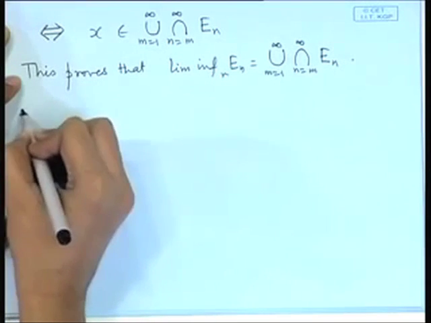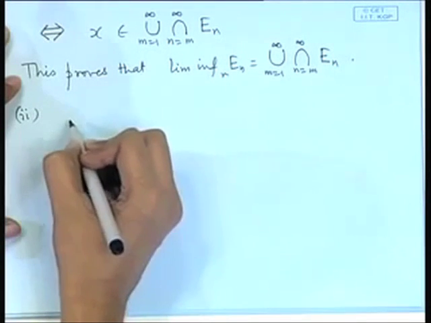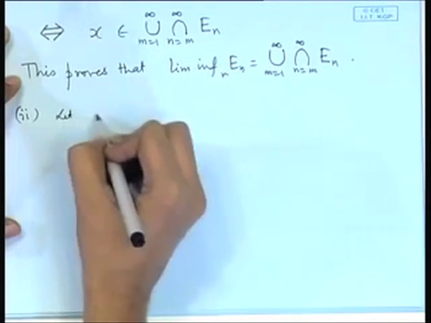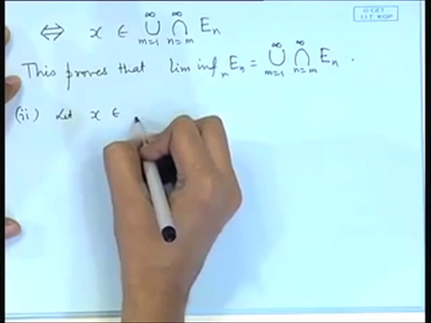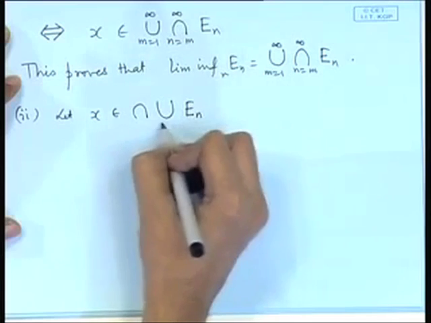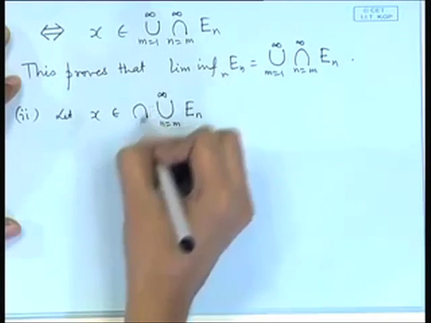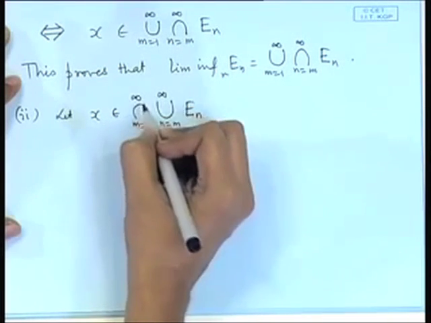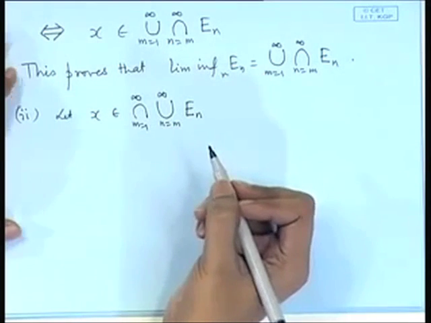If we apply the same argument for the limit superior, then if x belongs to intersection union En, n is equal to m to infinity, m is equal to 1 to infinity. So I am taking the right hand side first.